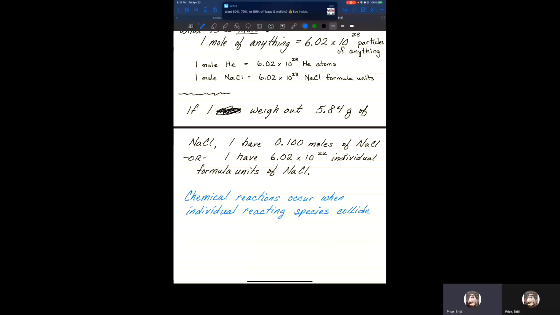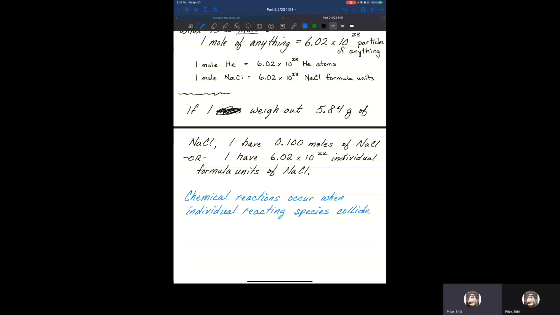In other words, chemical reactions happen on the atomic, the molecular scale. I have to be able to go from macroscopic to the submicroscopic to the atomic level.